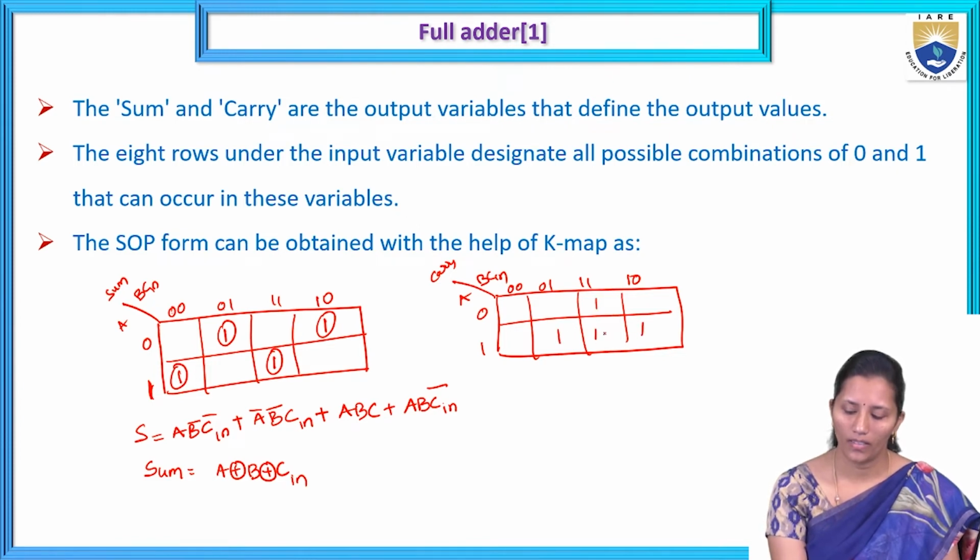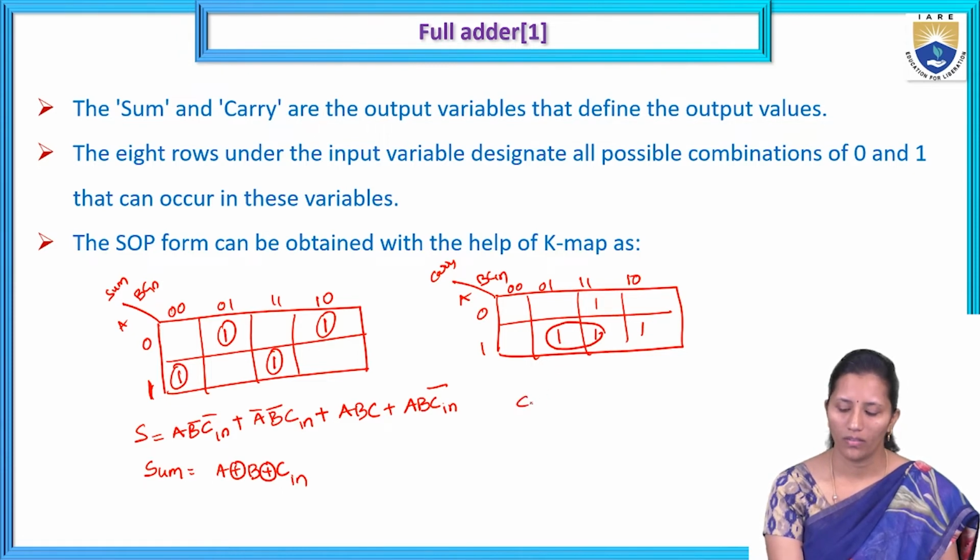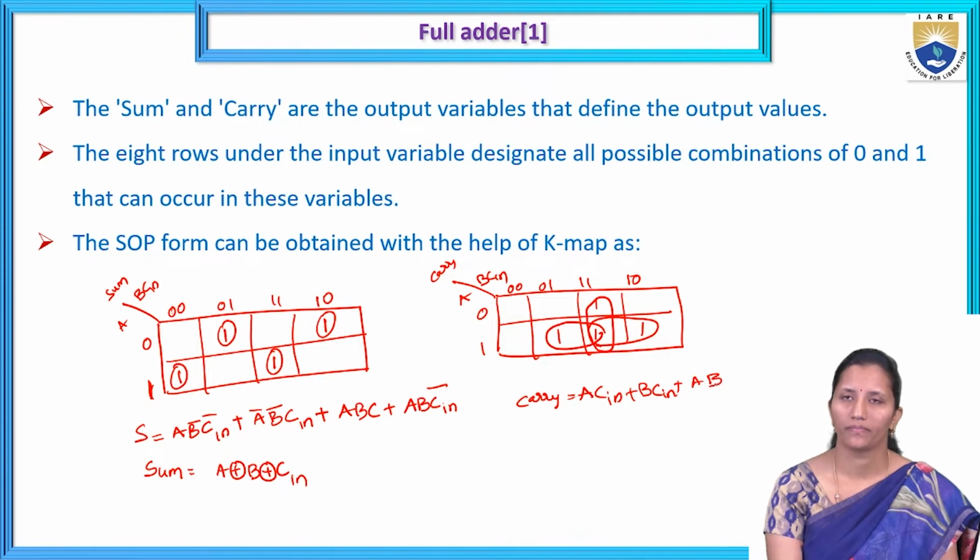Okay. So for this one we have to pair these 2 ones. So we will get carry is equal to this is A, this is C in, and we can pair these two ones. For that we can write B C in. For these two ones, that is A B.